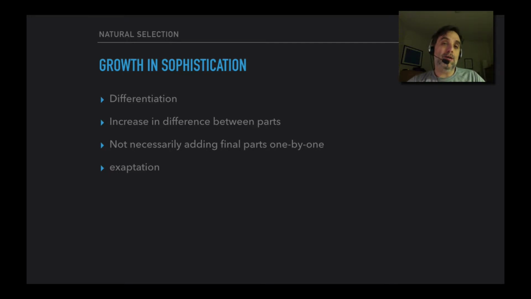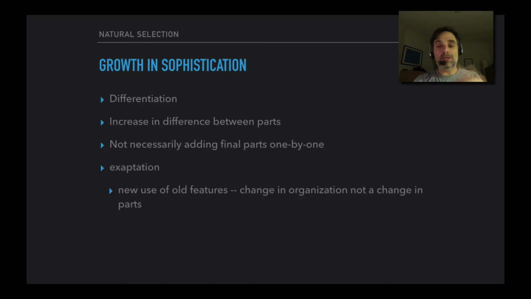We're not necessarily adding the final parts one by one. There's another sort of thing that can happen, which isn't illustrated by the eye, called exaptation. And that's where an old feature gets used in a new way. So fish fins turned into animal limbs, for example. Or baboons' teeth. Male baboons have big incisor teeth, and those teeth first evolved in the context of sexual reproduction.